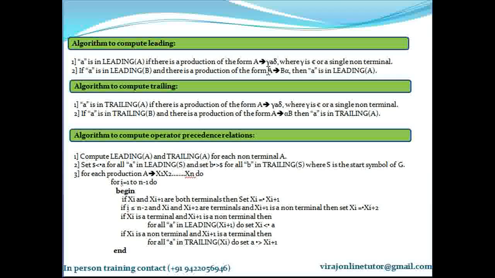If gamma is epsilon or a single non-terminal, then place small a into leading of capital A. Check whether gamma is epsilon or a single non-terminal; if so, place small a into leading of capital A.